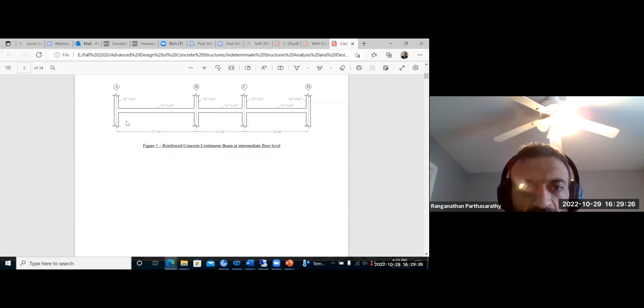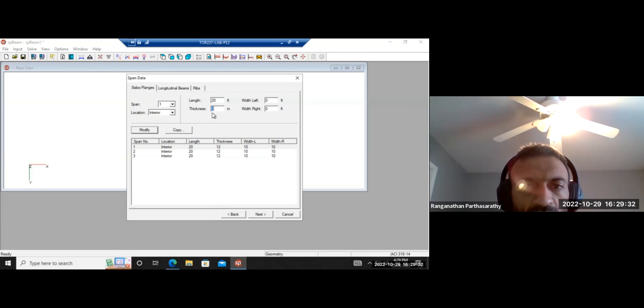What is the span? 25 feet, 15 feet, 20 feet. So go there, give the span 25, say modify. Then this one, span is 15.